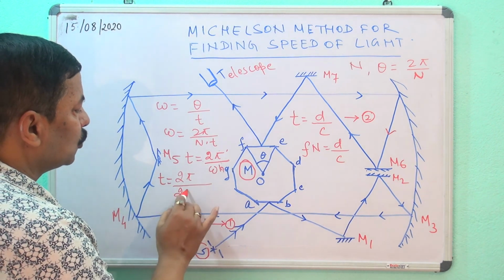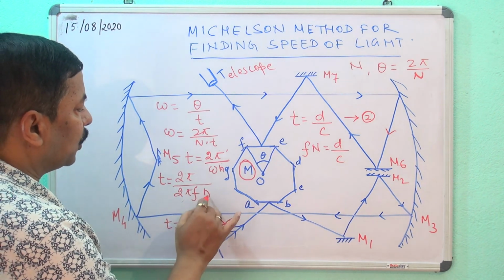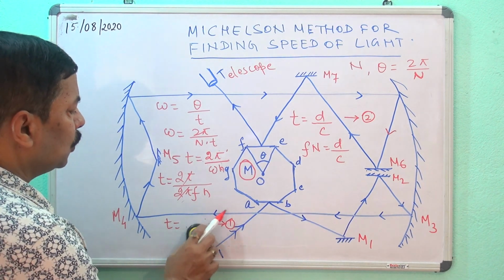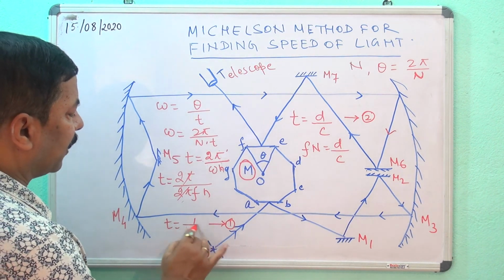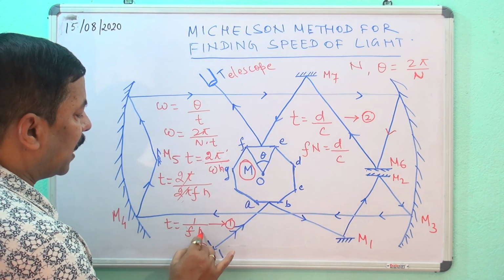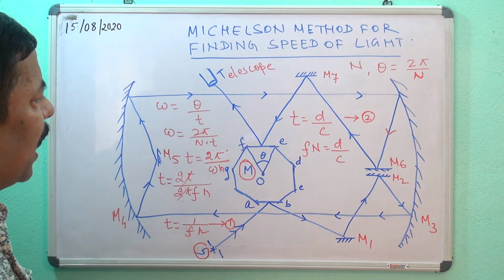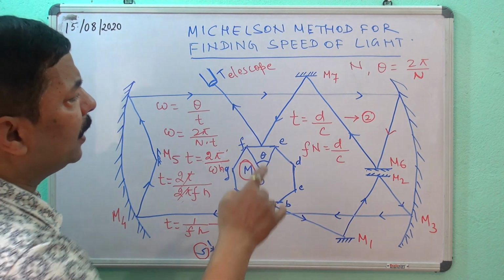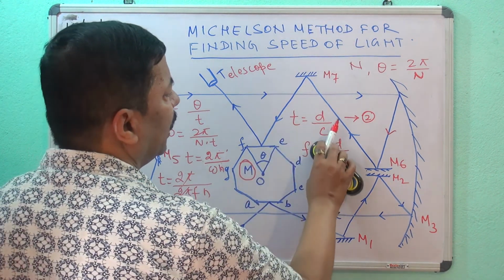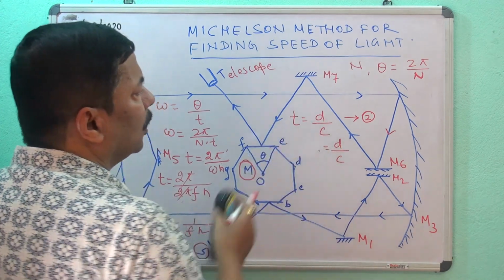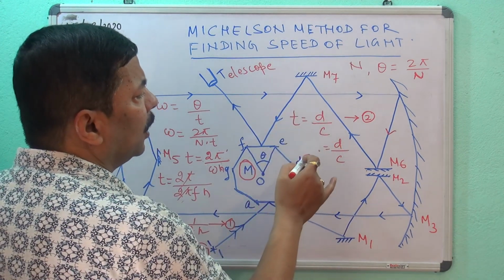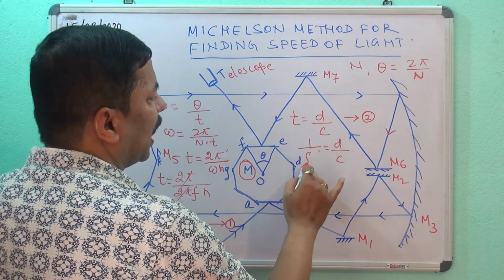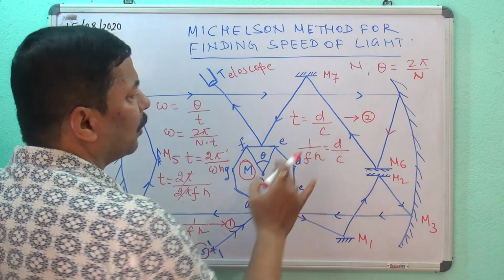Omega is 2 pi f, so the 2 pi will cancel, and t is equal to 1 by f n. This you have to keep in mind: time is equal to 1 by f n, and here time is equal to d by c, and t is equal to 1 by f n.